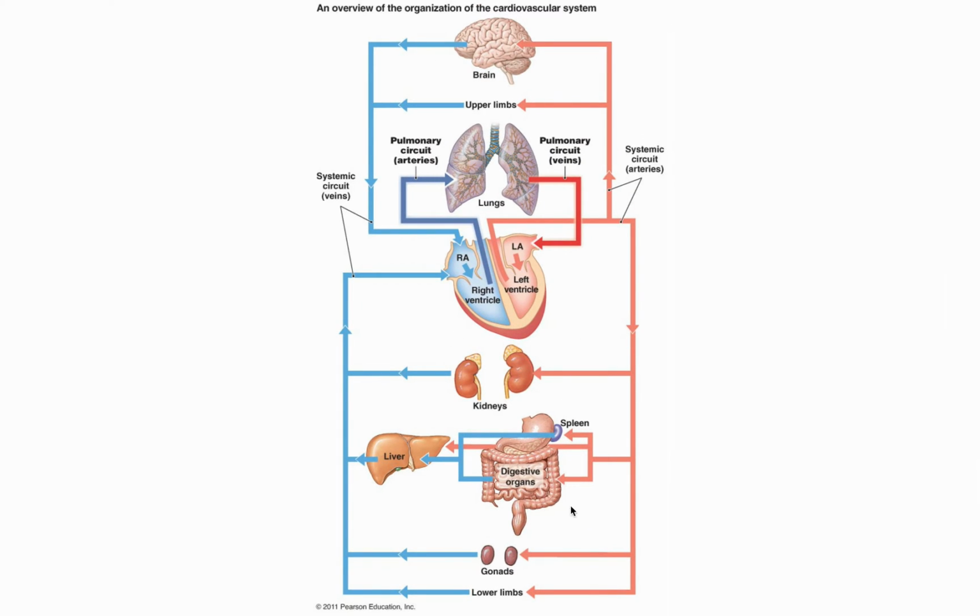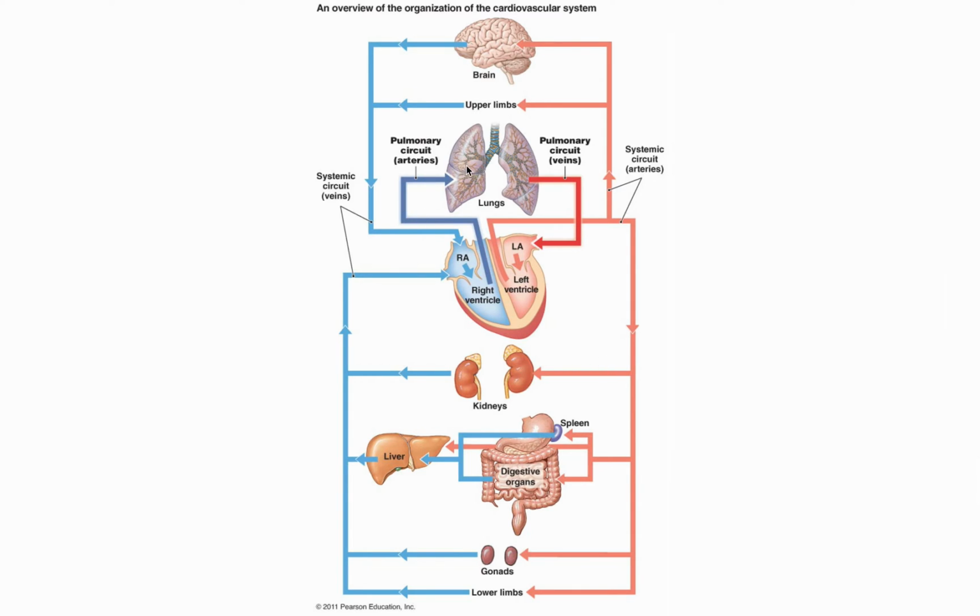And this is a diagram of blood flow through the body. Again, we've got the pulmonary circuit and the systemic circuit. Unlike most arteries, the pulmonary arteries carry deoxygenated blood. So that's green. Most arteries are carrying oxygenated blood.